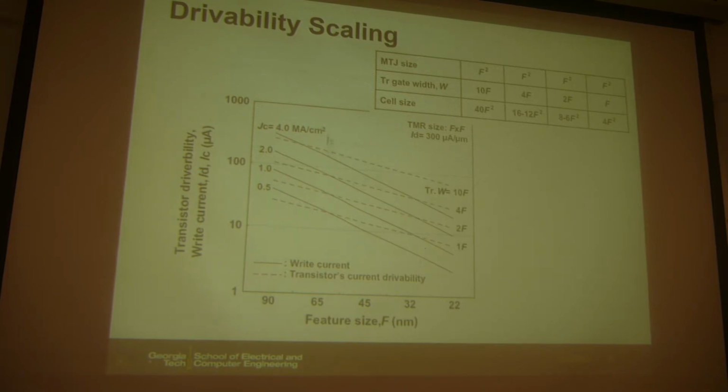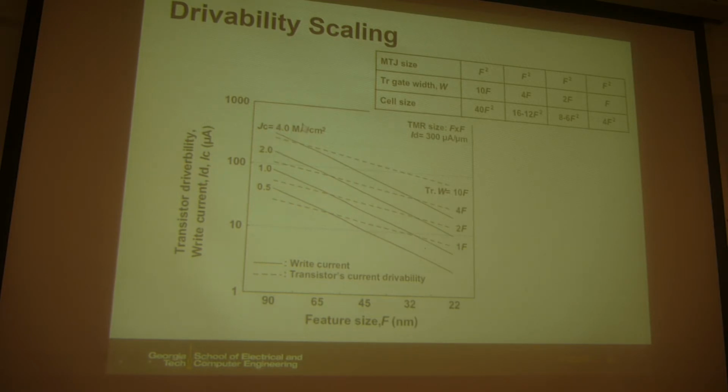So let's look at the scaling trend for the write current density. This relates to the cell layout. Can we achieve 6F squared? Because you need that transistor to drive the MTJ.